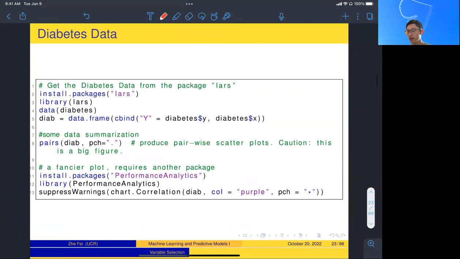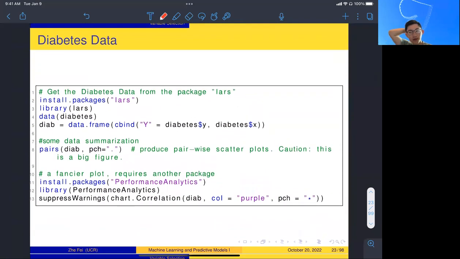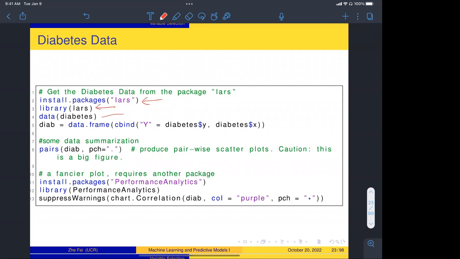So let's take a look at this data. For those of you maybe not familiar with R, essentially we start with some essential steps, right, to install the R package that you want to use, and load the R package by calling the library, right, and then load the data by calling the data function.